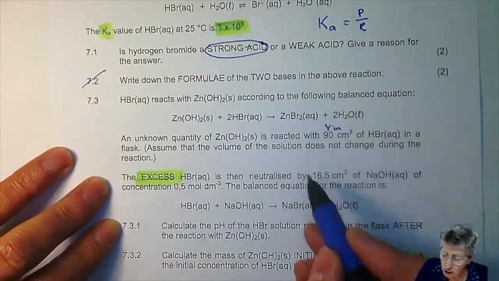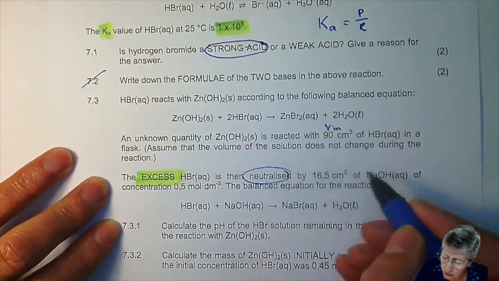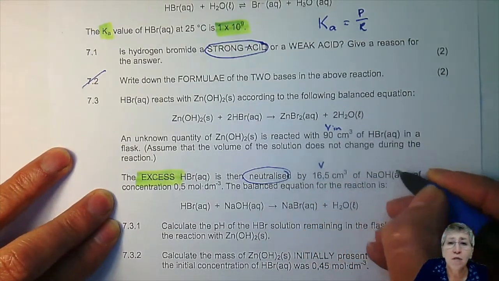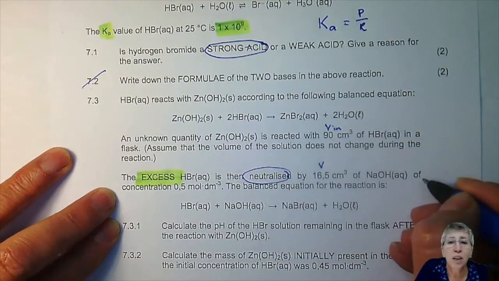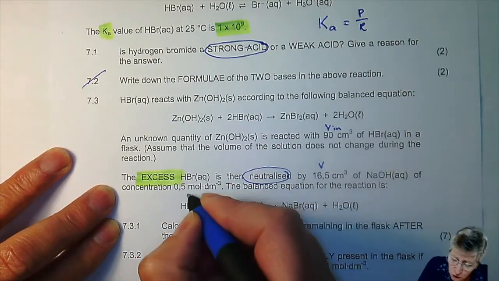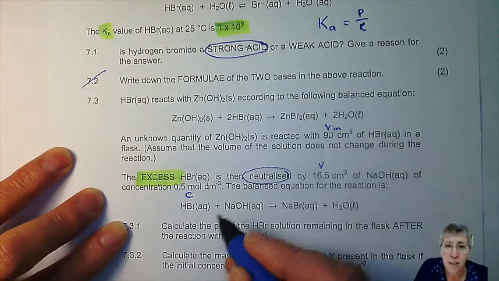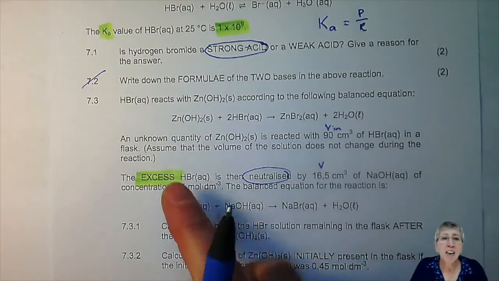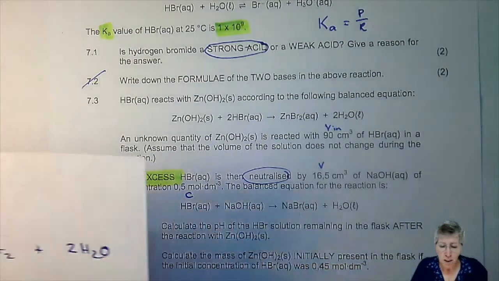The excess is neutralized by 16,5 cm³. So there they give me a volume of NaOH and a concentration, and the balanced second equation. So we've got two equations and they tell us HBr is in excess.